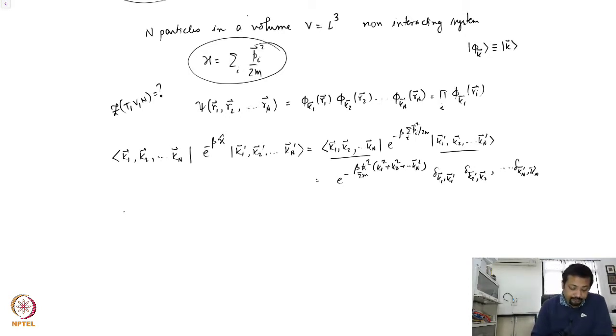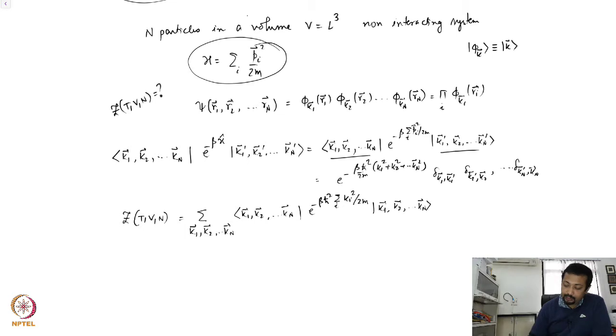Now the partition function follows from the normalization of the density matrix, and this is Z(T, V, N) equals the sum over k1, k2, ..., kN of <k1, k2, ..., kN| e^(-beta sum over i of h bar squared ki squared over twice m) |k1, k2, ..., kN>.